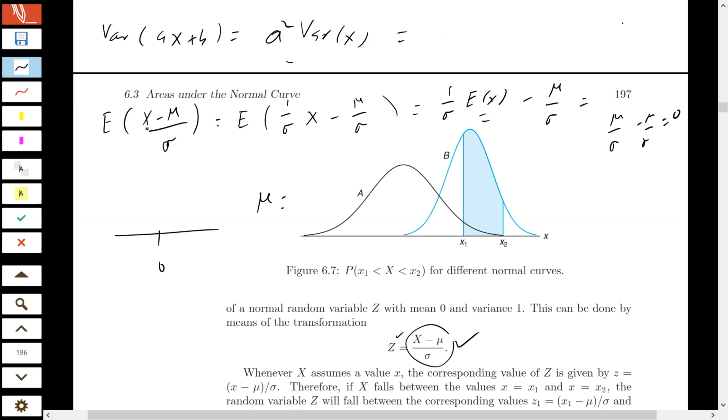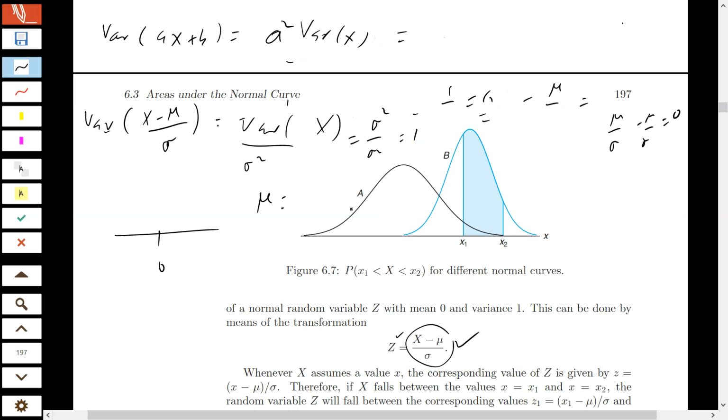So I can write this as the variance of x minus mu over sigma. It will simply be the variance of x times 1 over sigma squared, because a squared is 1 over sigma squared. But the variance of x I already know is sigma squared. So sigma squared divided by sigma squared is 1.